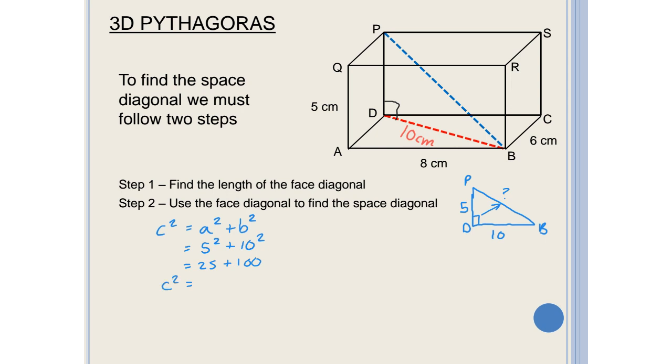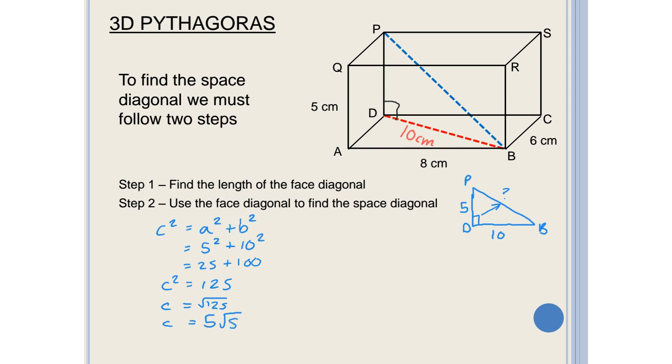So c squared is equal to 125. I want to find c, so I need to do the square root of 125. Which in this case is 5 root 5.